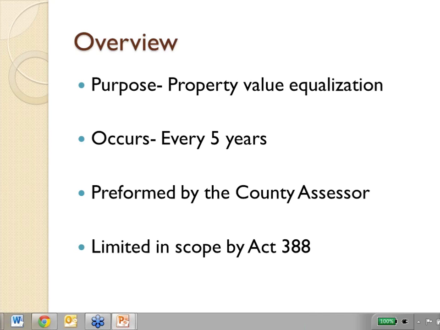For example, going back to Charleston County, their last reassessment was supposed to be in 2009 with a base year of 2008, where they used basically only sales data for 2008. Well, they delayed it a year, and then they delayed it another year. So when they did the reassessment in 2010, it was based on 2008 data. When they do their reassessment next year, if they do it on time, it will be based on 2012 data, or excuse me, 2013 data.